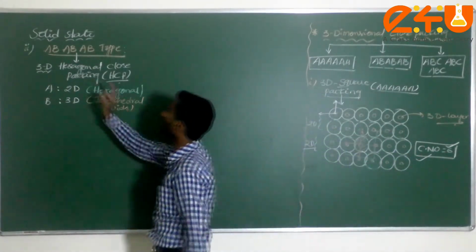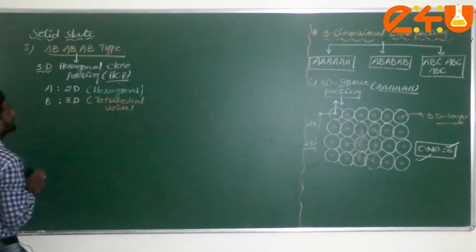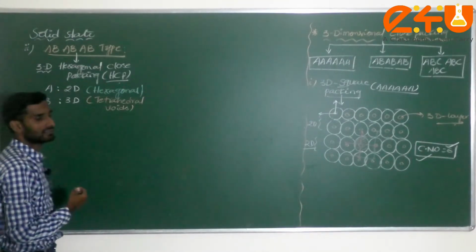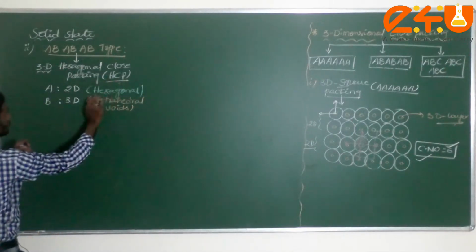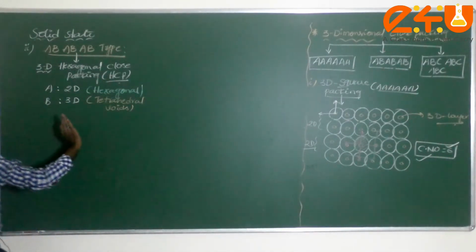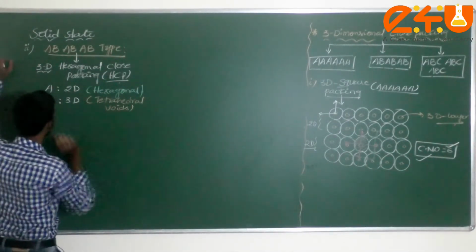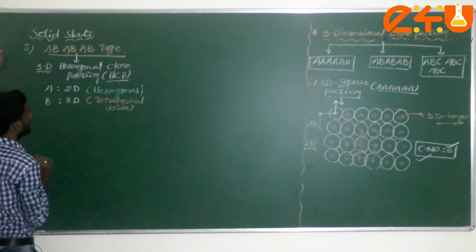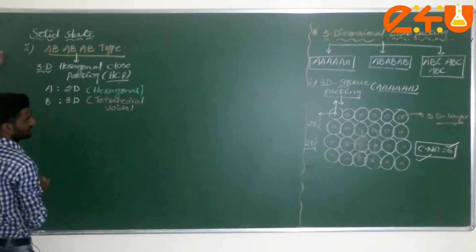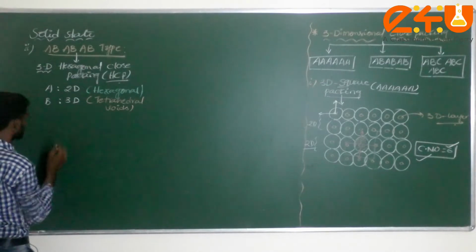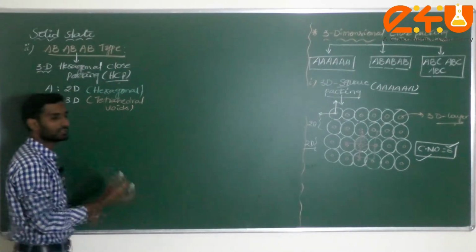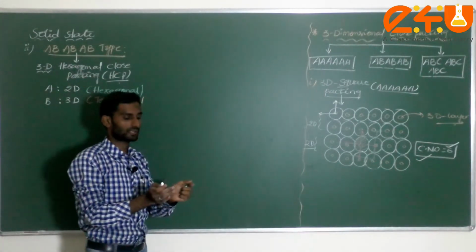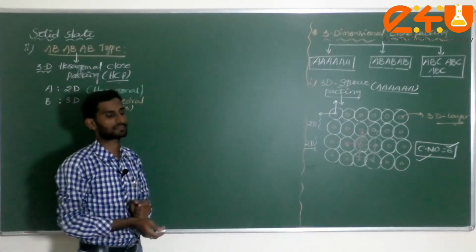Now, if you consider 3-dimensional hexagonal close packing, simply, without any confusion, we have to remember it. First of all, I am going to draw the 2-dimensional layer. To make it understandable, I am taking some gap between the two atoms.